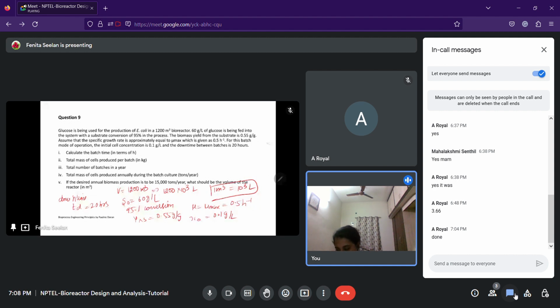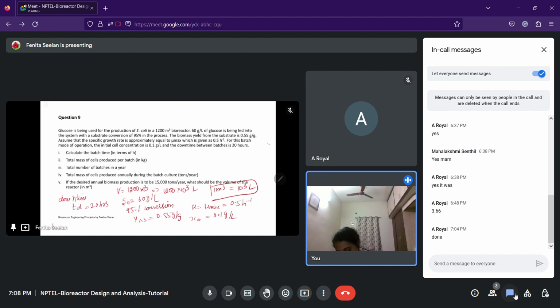So with these values, we will see what we can calculate, and from here we can calculate the value of final substrate concentration. We are given 95% conversion, so 5% of substrate is going to be remaining.